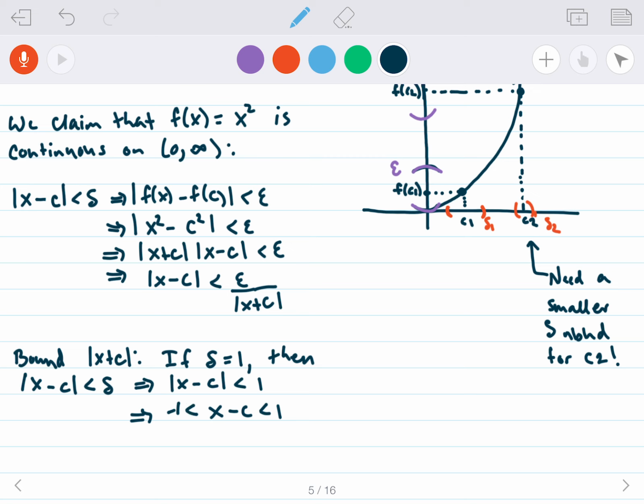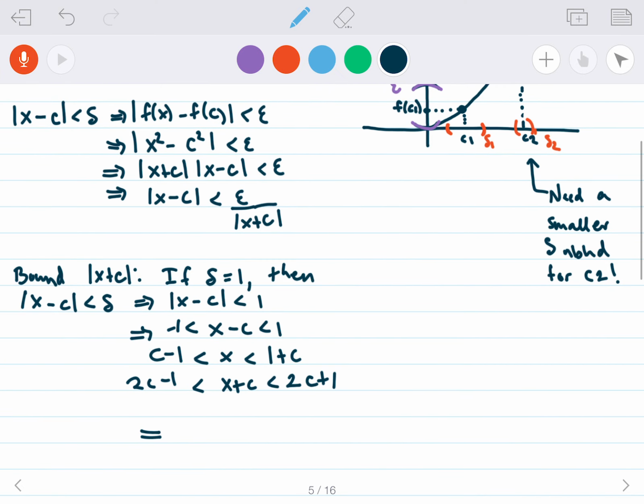And so that implies x is between c minus 1 and c plus 1. Adding c, I get that x plus c is between 2c minus 1 and 2c plus 1. And taking the absolute value, this gives me the result that the absolute value of x plus c must be less than 2c plus 1.